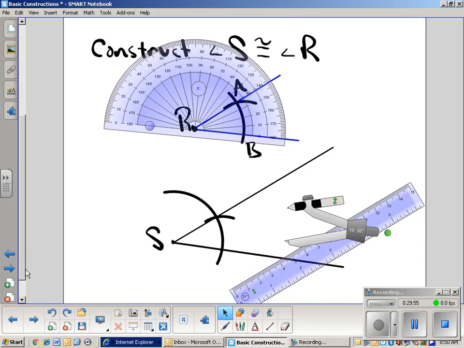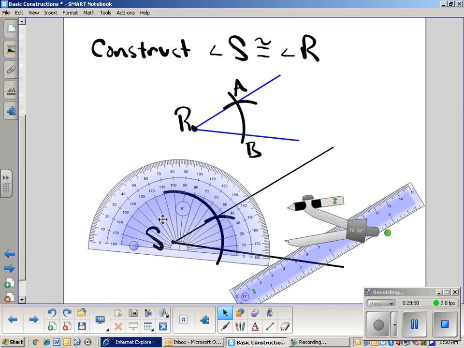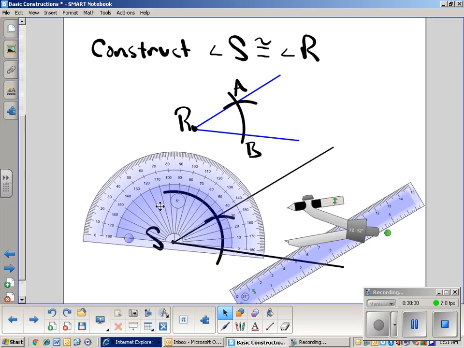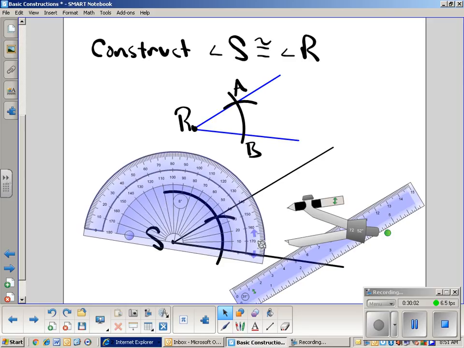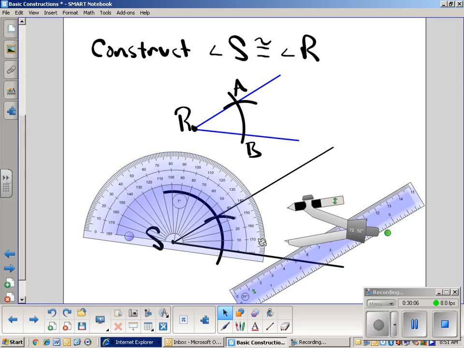If I come down here, I'm going to get something that looks a lot like that. So I get almost exactly the same. And remember, what did I tell you causes those little mistakes? Yeah, the crudeness of our tools. You can be doing everything correctly and you still will have little errors.